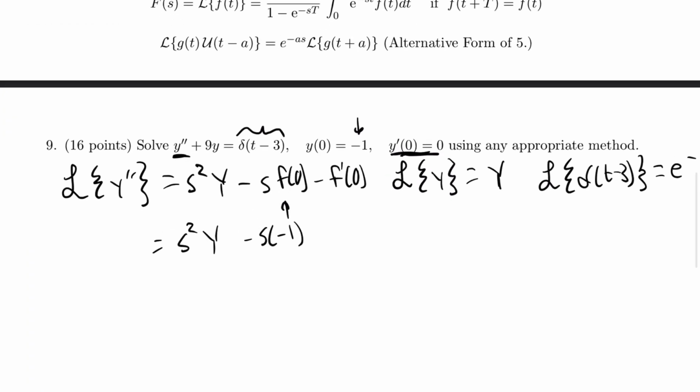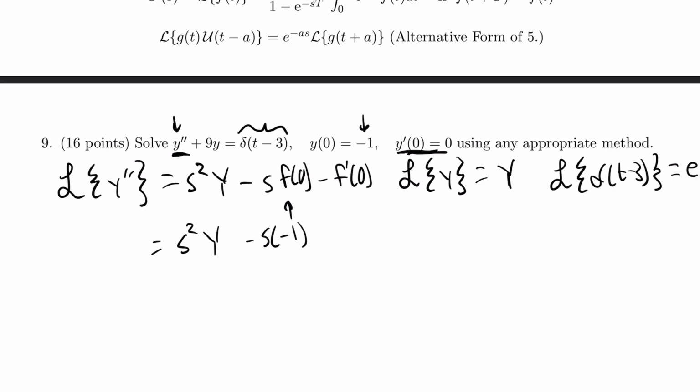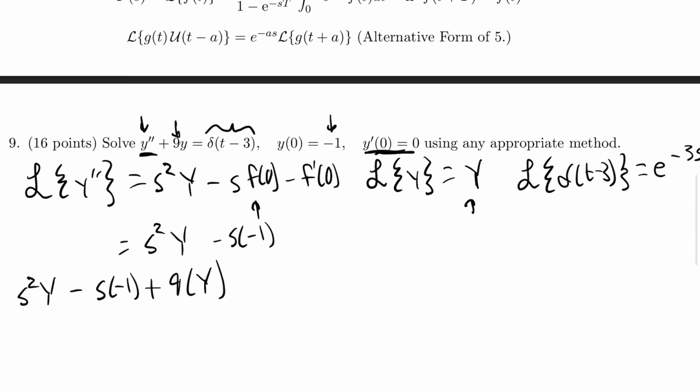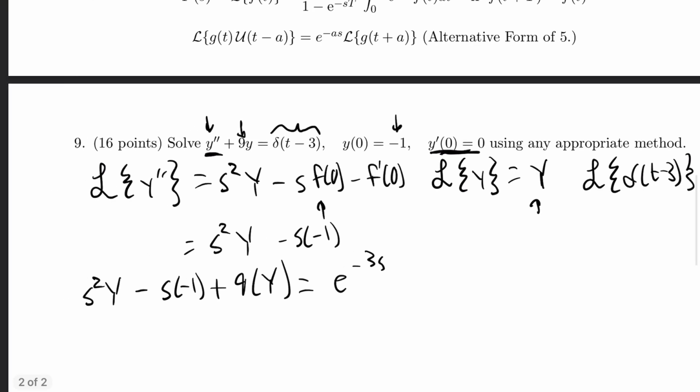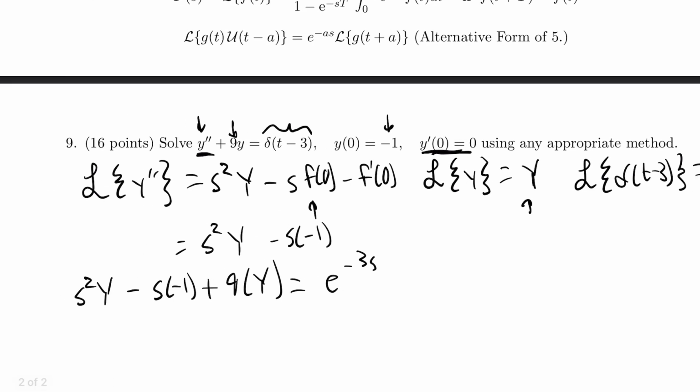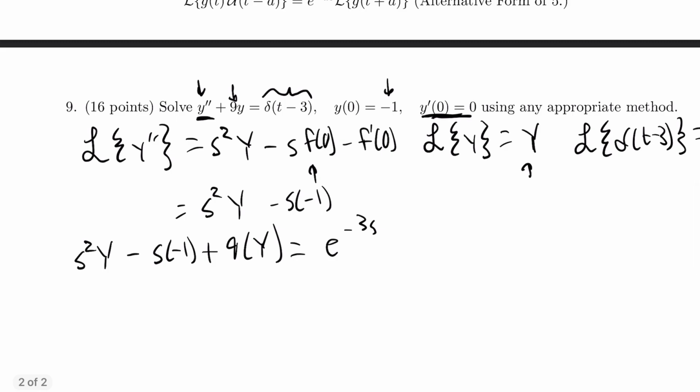So putting everything together in this equation, we know what the Laplace transform of y double prime is. We get s squared Y minus s times -1 plus 9 times Y, big Y right here, equals e to the negative 3s. So now let's rearrange in terms of big Y. First off, this becomes a positive, and then we're going to subtract s on both sides.